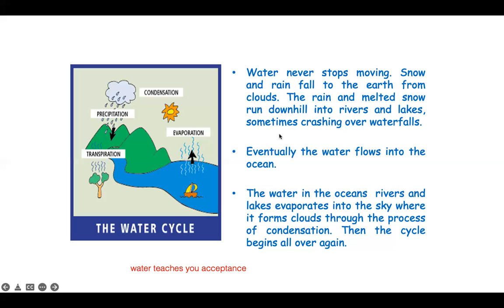We don't like it. If the school is closed for a long time, it's also a problem. We are struggling, but see the water, it is accepting all the states. No matter what happens, it accepts and adapts according to that. So it survives. It's surviving by moving.